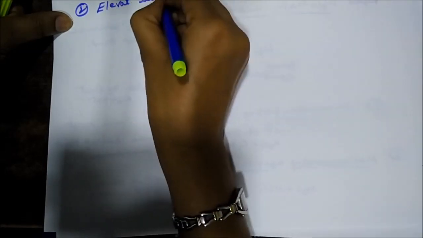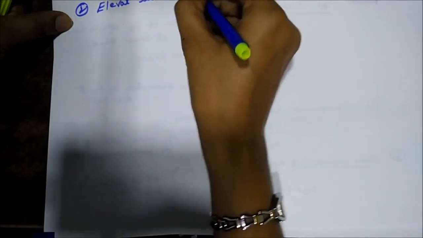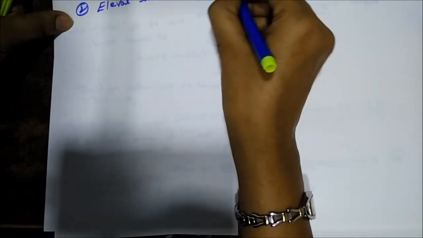The next is elevation in boiling point of the solvent, or this is called ebullioscopy. This is our second colligative property.